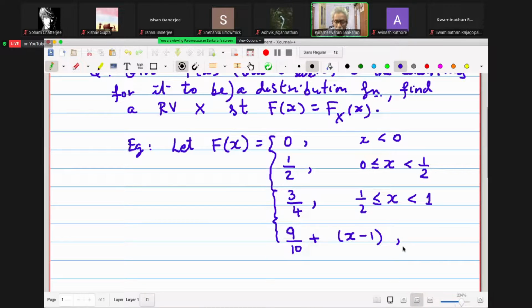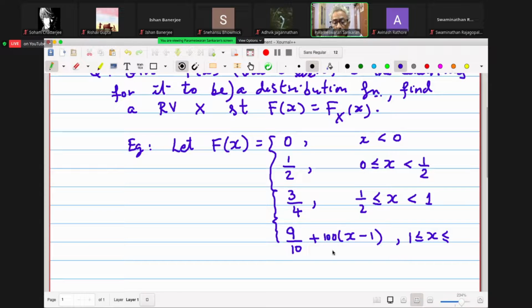So maybe just write 100, doesn't matter, you can put some number 100. So this is valid if 1 is less than or equal to x, less than or equal to some number, and at that value this whole thing should become 1.